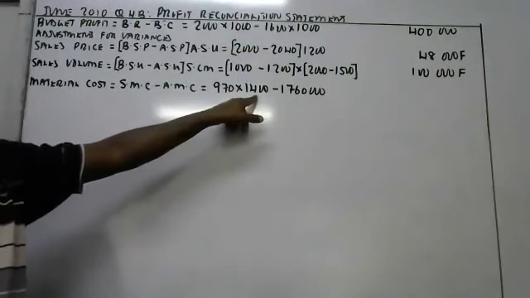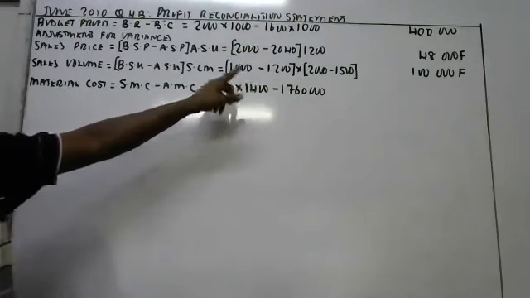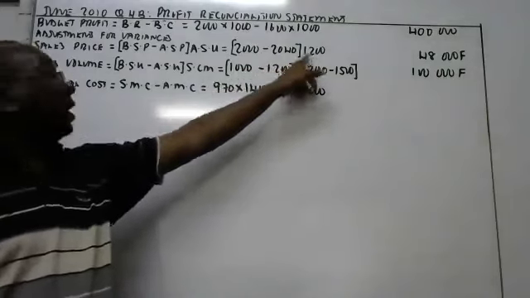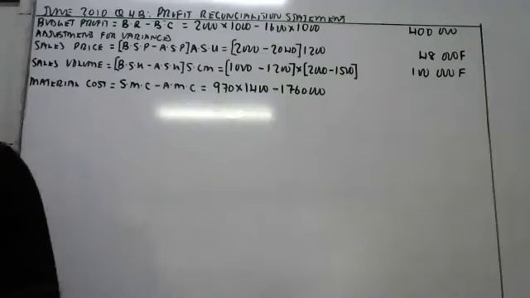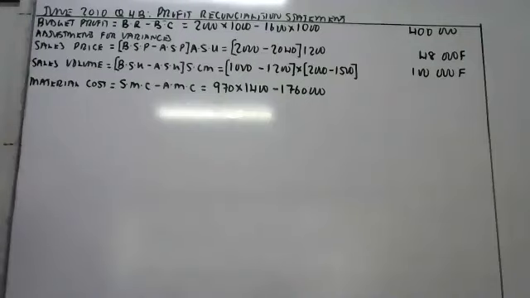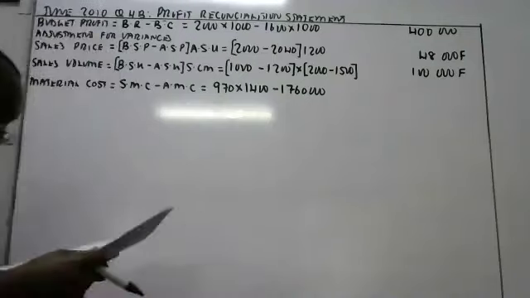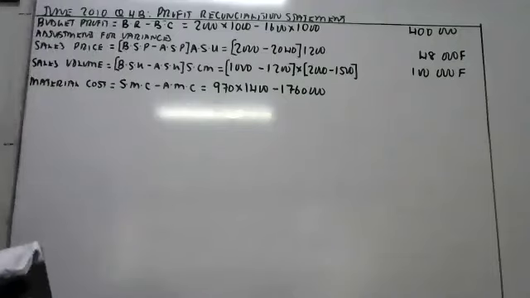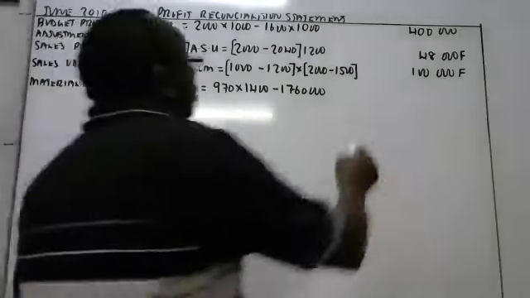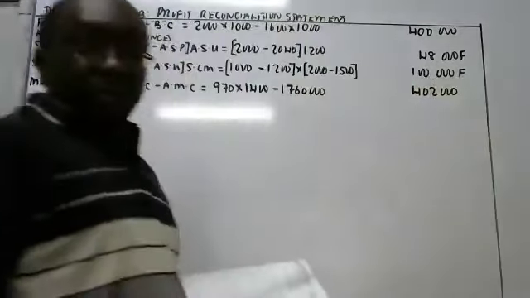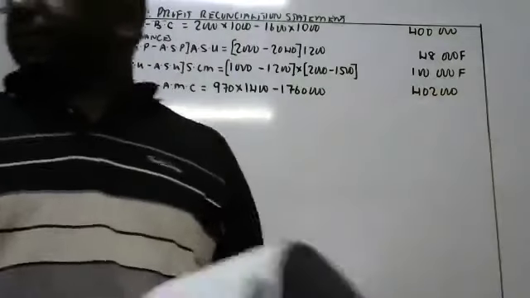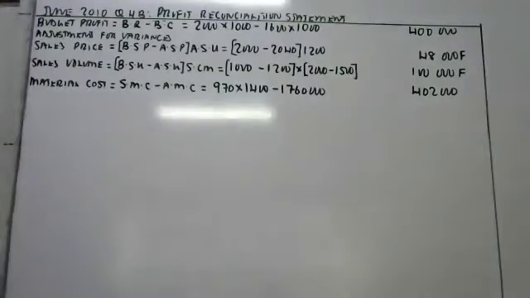You can balance it by dividing. But for now, let's just proceed that way. Give me the figure. 402,000, favorable or adverse? Adverse.